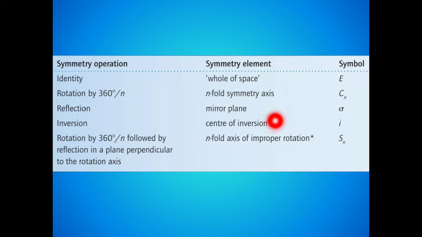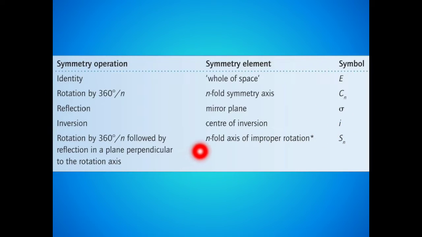Then we have the mirror plane denoted by sigma. Again in planes we have two types, that is sigma h and sigma v. Sigma h stands for horizontal plane and sigma v stands for vertical plane. Then we have the center of inversion, denoted by small i.